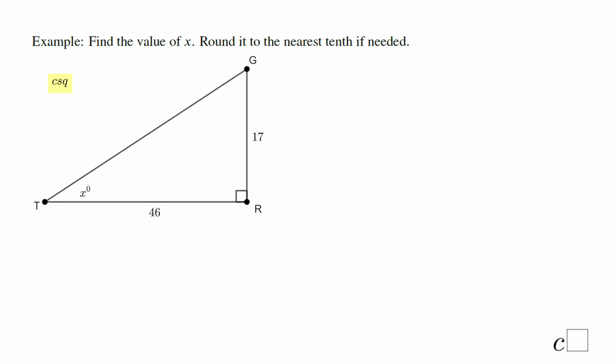And by now I think you know this is the last case. Let's see what trigonometric ratio we will use. We're looking for the angle. We have the opposite leg, we have the adjacent leg. Again, opposite and adjacent, that will be the tangent. So I'm going to have tangent of x equal 17 over 46.